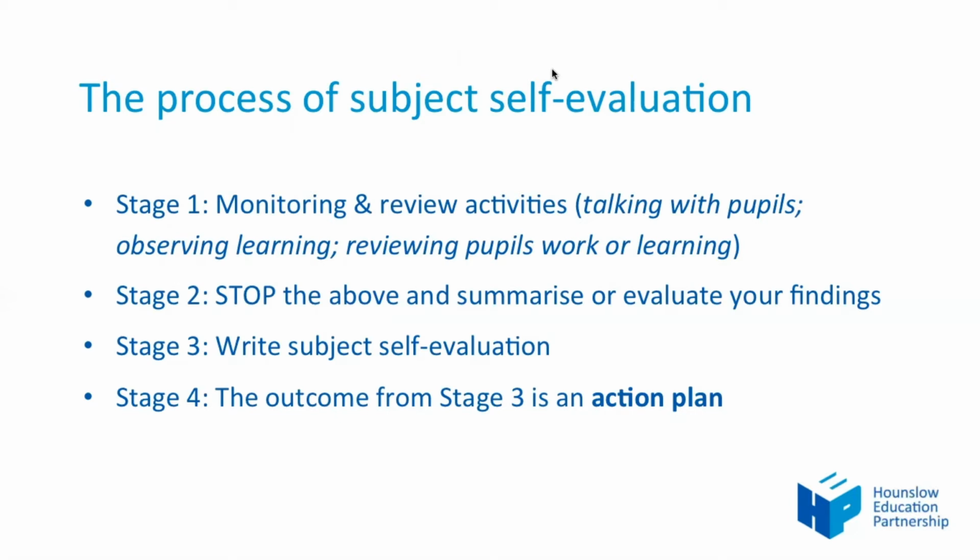Once you've had an opportunity to do some monitoring and reviewing, wherever we are in the school year, take a time out, stop gathering, and start to summarize or evaluate what I have found out so far. What are the what went wells, and is there anything which is an even better if? I'll use that evidence when I start my next round of monitoring and reviewing activities.